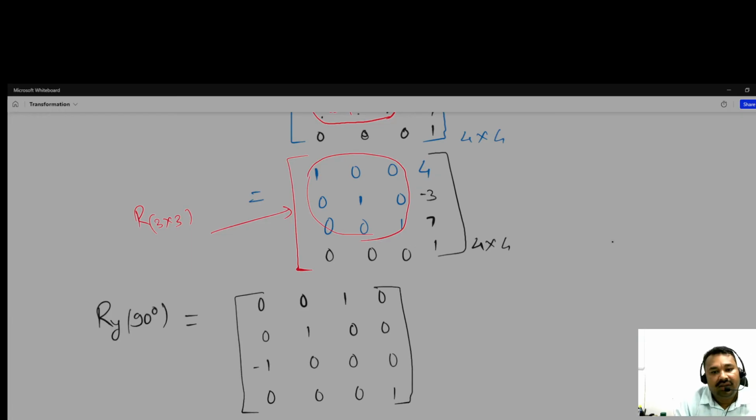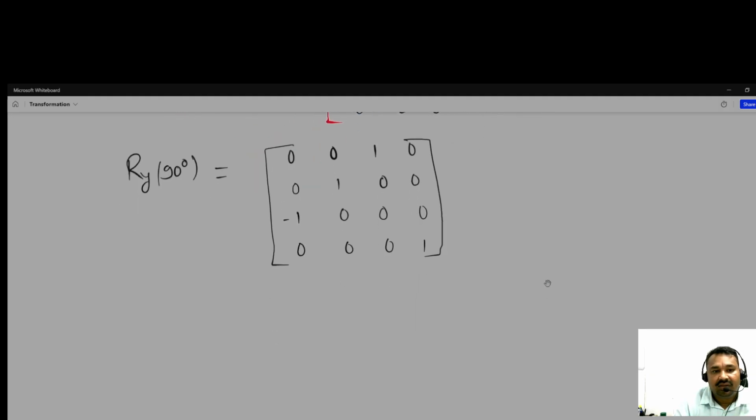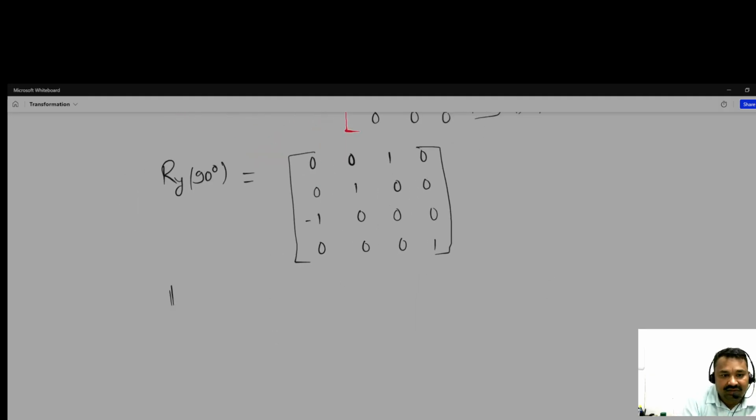Now the last one, the given point P n o a, is equal to 7, 3, 1, and 1. So that's why 4 by 1. 4 here is the number of rows.